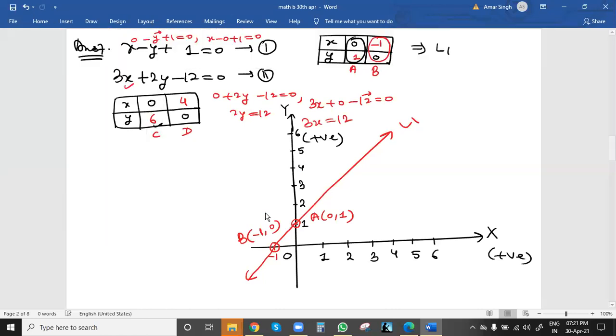Similarly, we will draw line L2. For L2, the first point is C, 0 comma 6, x = 0, y = 6. So this is the point. And the D point is 4 comma 0. We will join these two points and extend in both directions to get line L2.